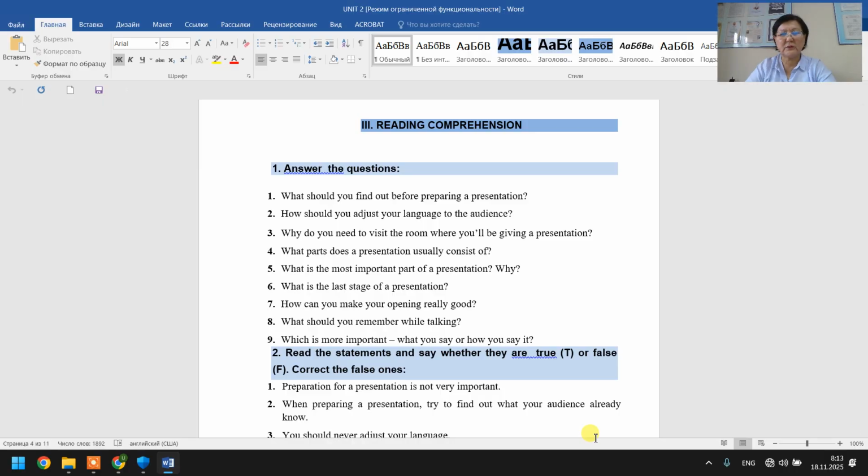For example, what should you find out before preparing a presentation? Before preparing the presentation, we have to find the resources, we have to find arguments and facts for the presentation you are going to prepare, and you have to make your presentation very interesting and colorful.